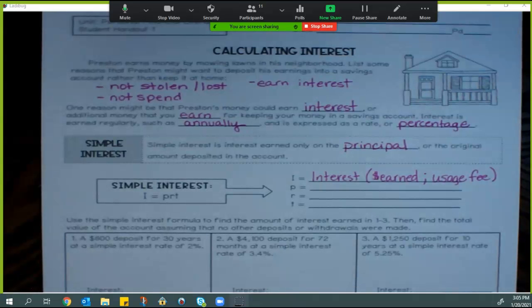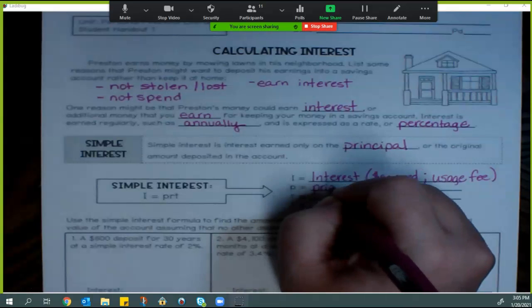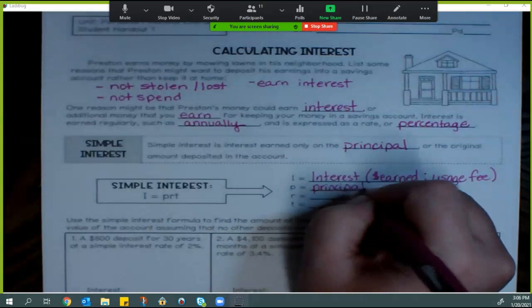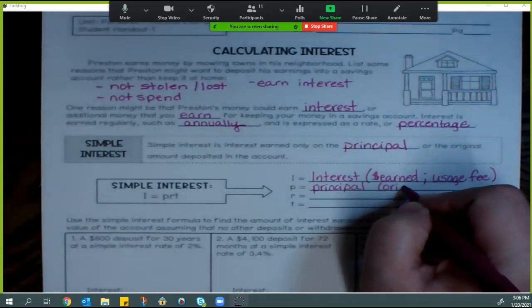What did the letter P represent? Not percentage. Principal. And if we remember, principal is that original amount.